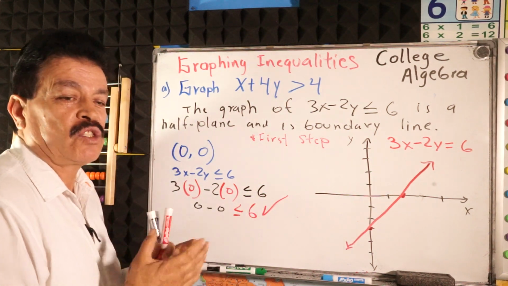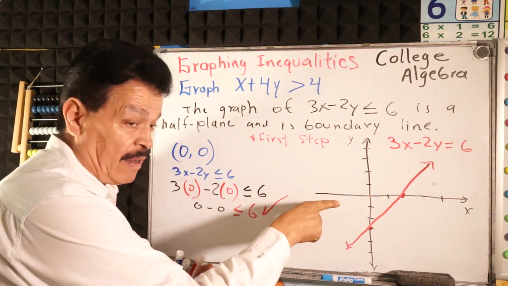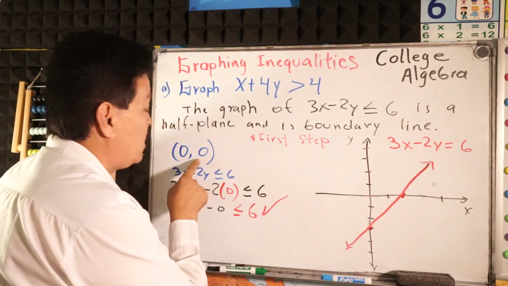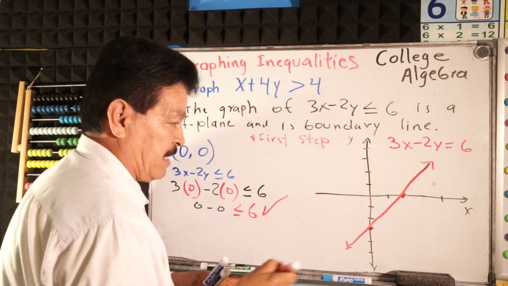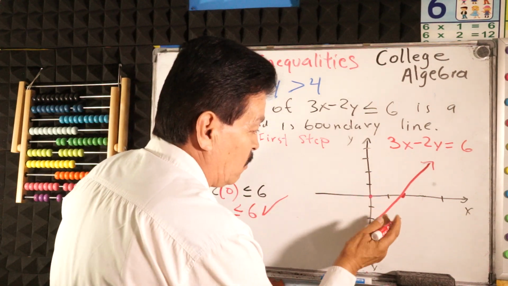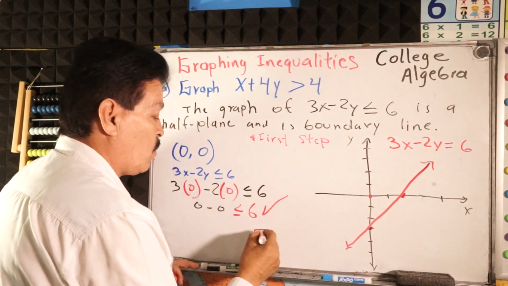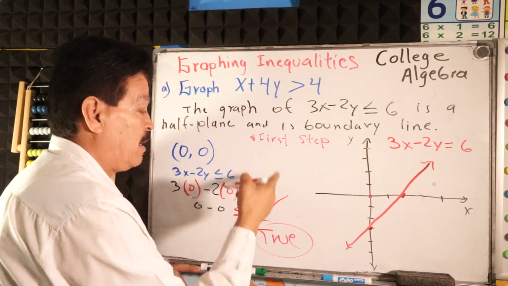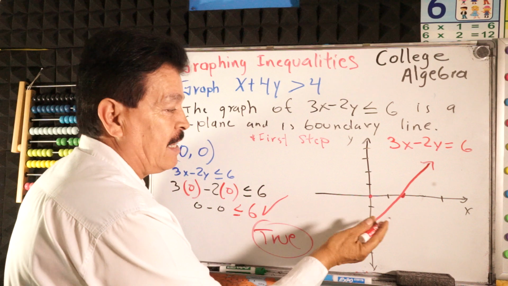Since the statement is true, the half plane we are talking about includes 0, 0. That point is right here, so it's on this side. This is very important: when it's true, that means this point is inside this area.